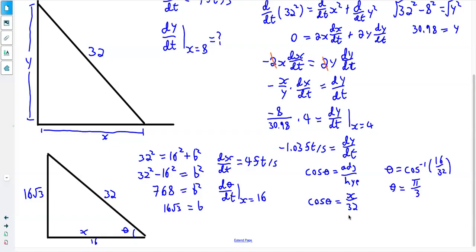We'll now take the derivative of both sides. So we have d dt of cos theta equals d dt of x over 32.